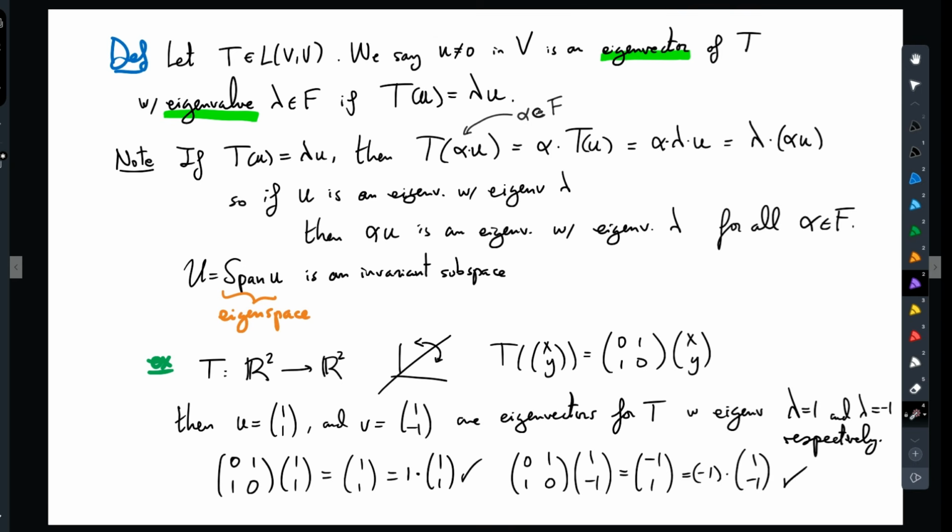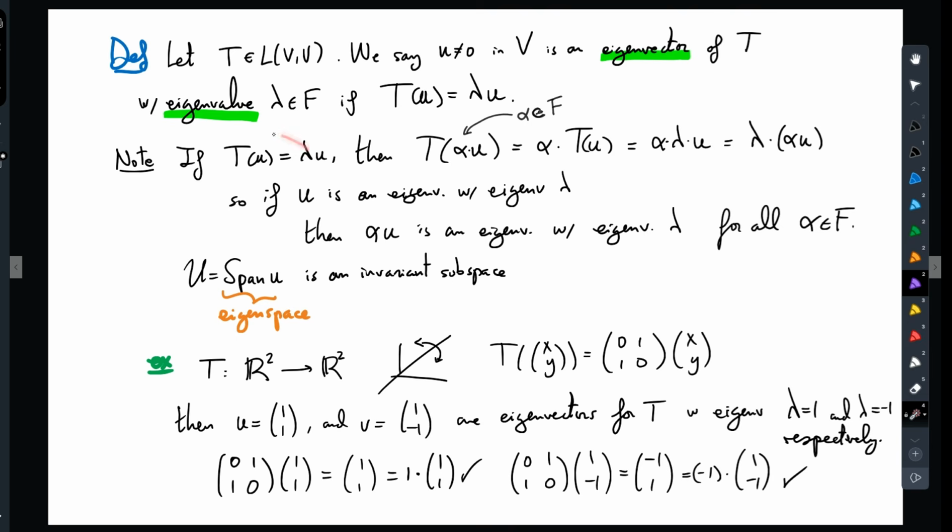And notice that if I have one eigenvector, I have a lot of eigenvectors, because if u is an eigenvector with eigenvalue lambda, and alpha is any other element of F, then alpha times u is some multiple of u. T of alpha u will be, well, T is a linear map, so the alpha can come out. So this is alpha times T of u.